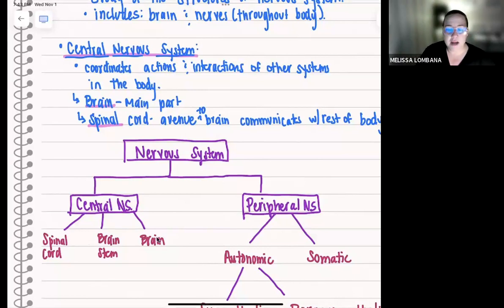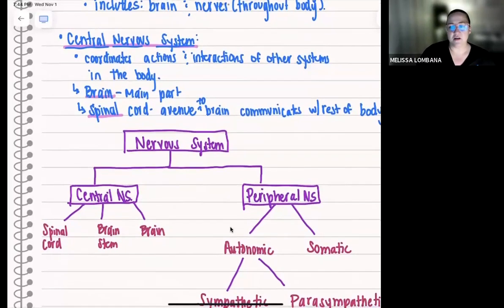And then the brain is the one that is interpreting the electrical impulses and giving them meaning. I do want you to note that the spinal cord also receives information from your senses and sends it to the brain, and then the brain also sends signals back through the spinal cord. Okay? So that's the main guy.